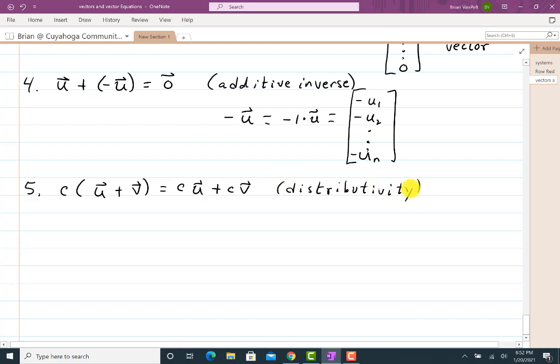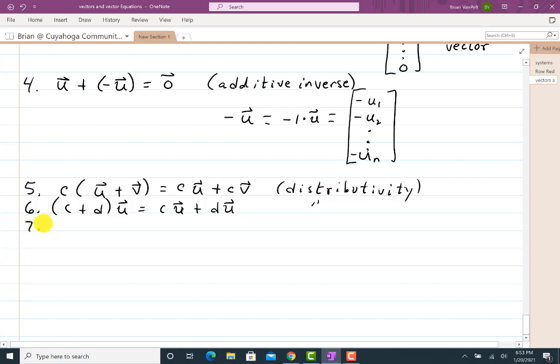And I can also, well, I think this may not be quite the same as distributivity, but if I take the sum of two real numbers and then multiply it by a vector, I can also break across that summation as well. So that's another version of distributivity.